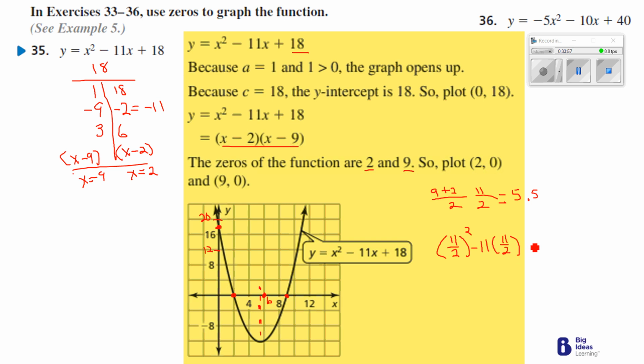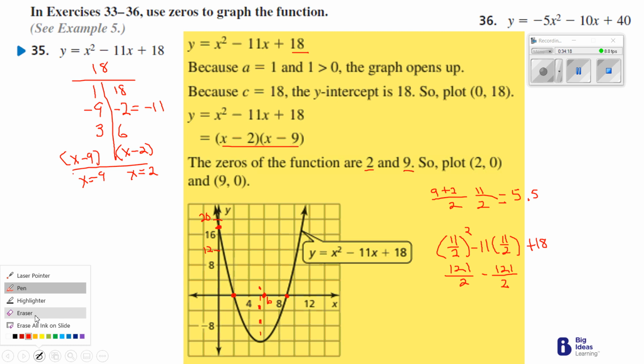And then we can add 18 to that. All right, and then this is going to give us 121 over, oh, I'm sorry, this would be 4, not 2. This one would be 4. Let me change that out. Yes, because 2 squared would be 4.